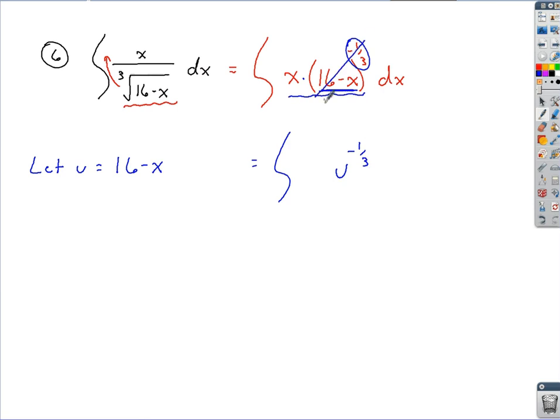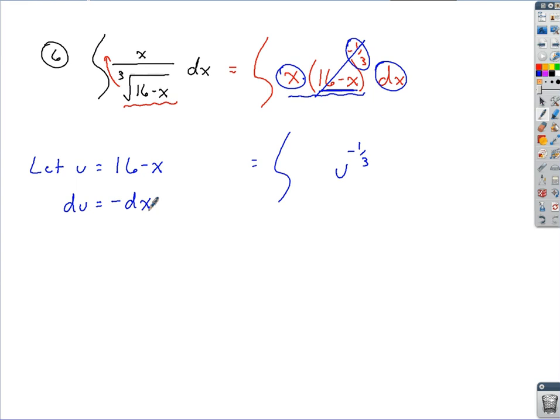So that accounts for this part. We still need to figure out a way to account for these two parts. So what we do, we take the derivative over here of my equation. Derivative of u is du. Derivative of 16 is going to be 0. Negative x here is negative 1 dx.